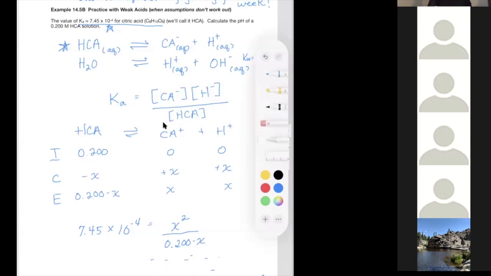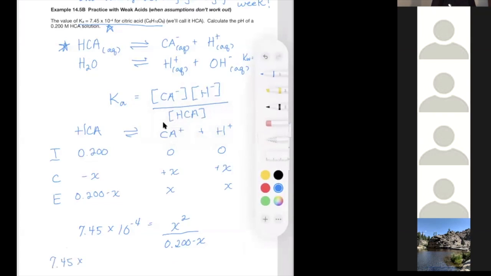So back to the drawing board, we have to use all of the math, so the algebra. Sorry, I keep trying to erase.